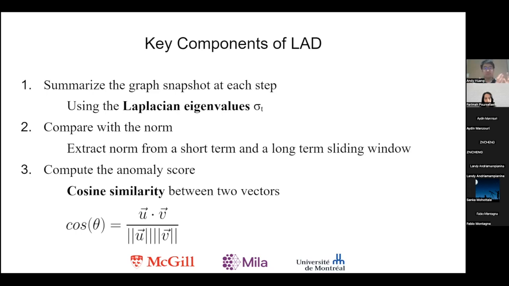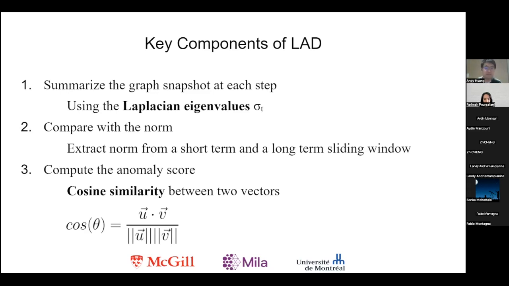And then once you obtain these embeddings of the graph, which we call the signature vectors, you want to compare these signature vectors over time and see how they are changing. How you would do that is you would put these vectors into sliding windows, and then compute the normal behavior out of this sliding window, say k steps in the past, and then compare that with the actual vector that you have currently.